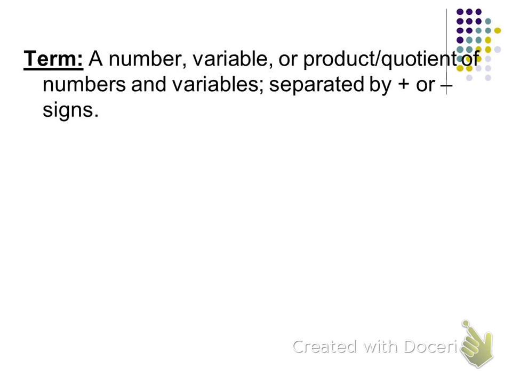I would underline that part. Terms are separated by plus and minus signs. So if it's multiplication or division, that's still one term. Okay? Like 7 times x times y times 5. That's all one term. The pluses and the minuses, those are what break up terms.